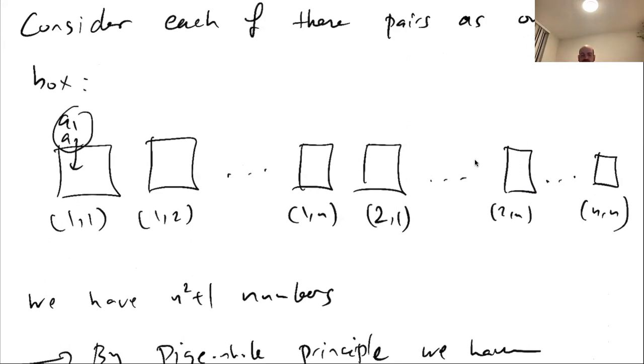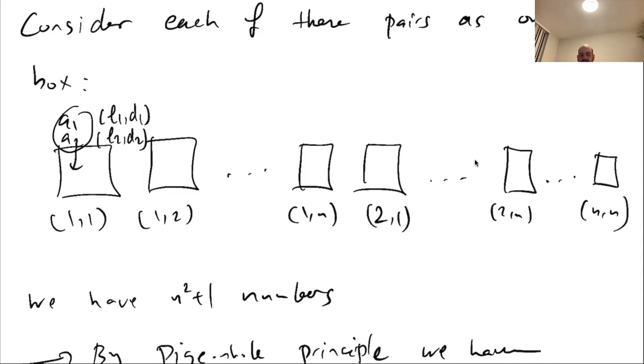First, I have to consider the pair L1 and D1, right? So if A1 is here, it means L1 and D1 is here. And if A2 is here, it means L2 and D2 is here. Remember, for each number AI, I was considering a pair of the form Li, Di.